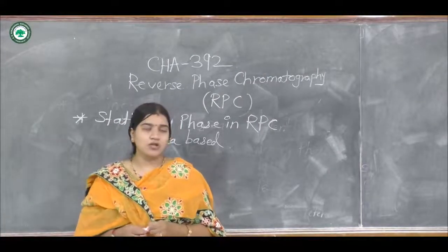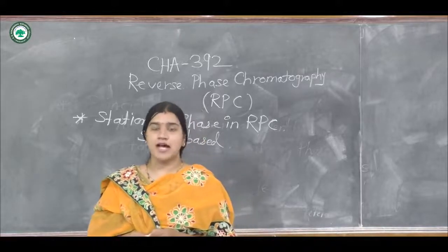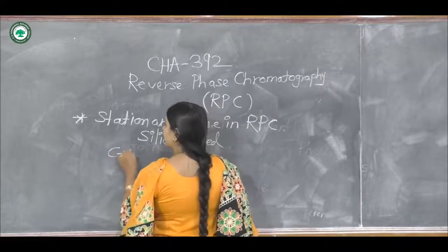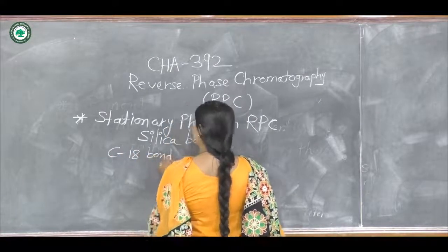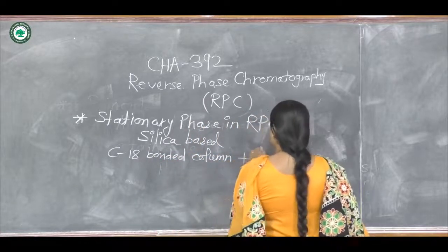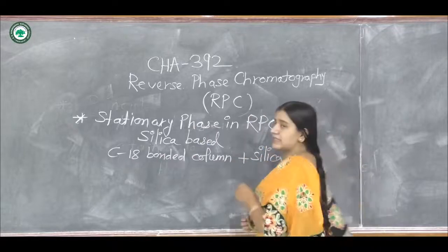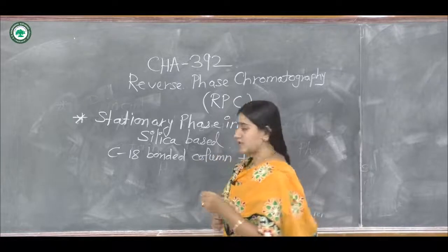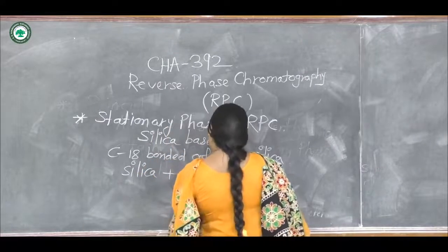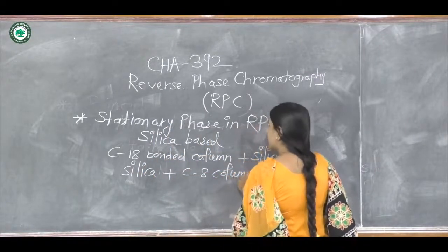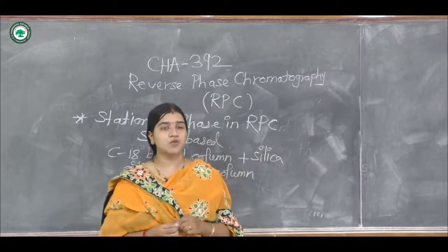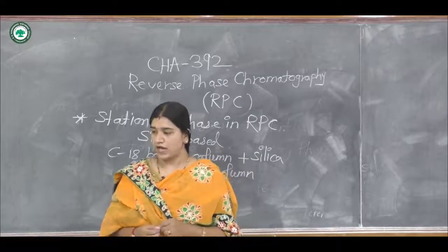The most popular column used as a stationary phase in RPC is the C18 bonded column, that is silica bonded with C18, or silica bonded with C8. Usually C8 bonded and C18 bonded columns are the most widely used columns in RPC.